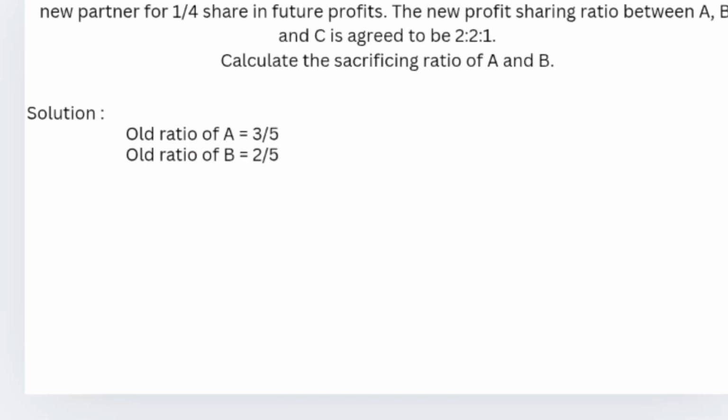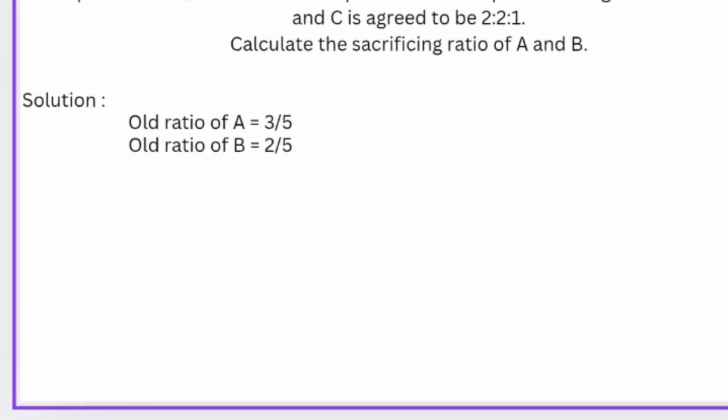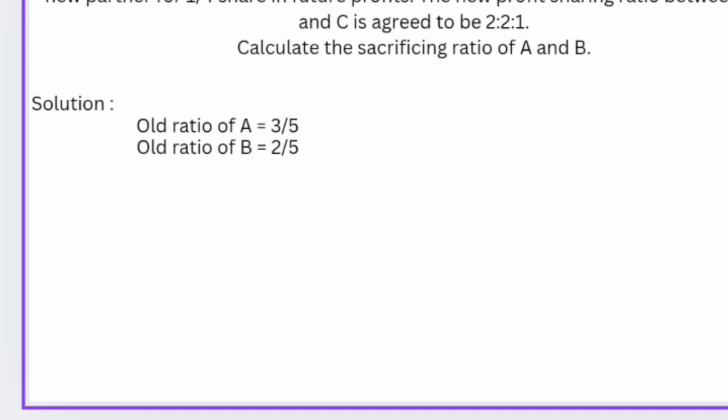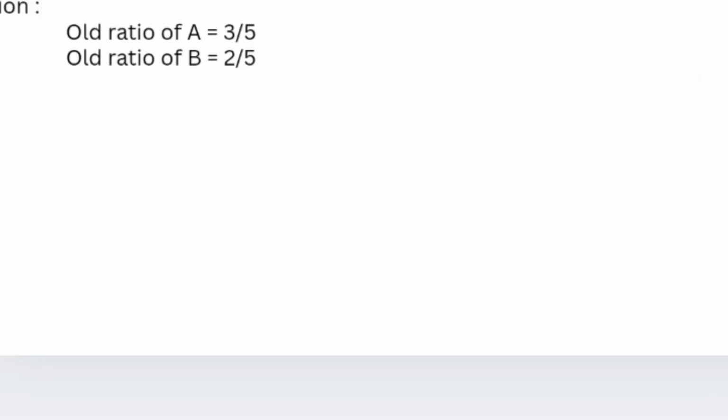So the old ratio of A is 3/5 and old ratio of B is 2/5. We get this 5 by adding 3 and 2. So I hope you know this. This one is a simple one.